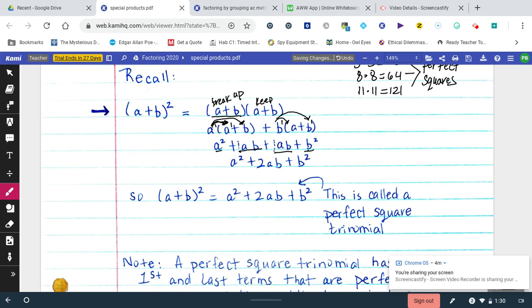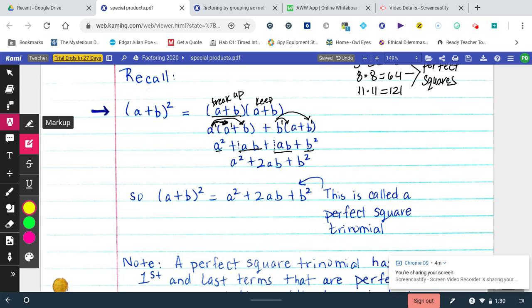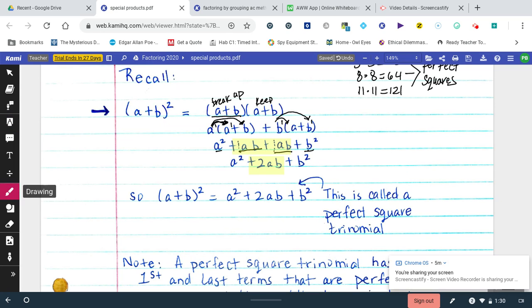Now, these two middle terms are like terms. So when you have like terms, you can combine them. When you combine them, you do not change the exponent. So 1ab plus 1ab ends up being 2ab.